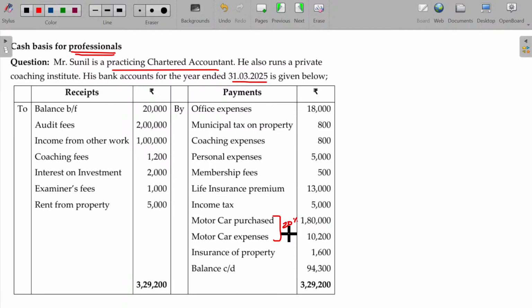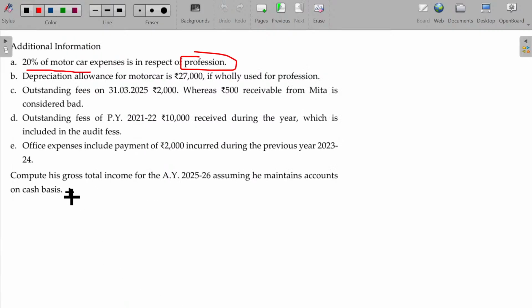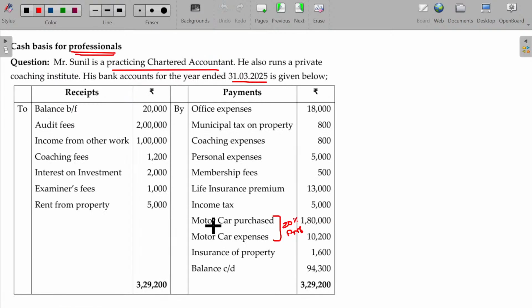For motor car expenses, only 20% can be considered for deduction. The balance 80% is personal and cannot be deductible. Depreciation allowable for the motor car is 27,000 if wholly used for the profession. The motor car purchase is capital expenditure and cannot be deductible, but depreciation on it can be deductible under Section 32.